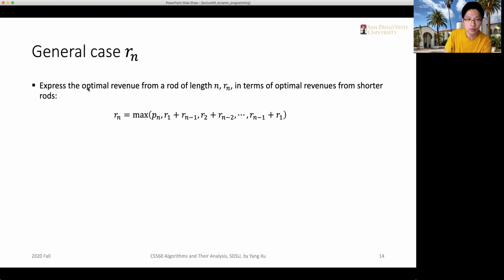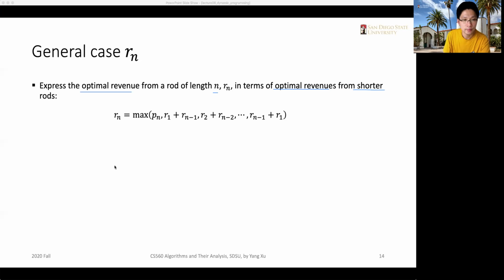So the optimal revenue for n can be defined by the optimal revenues from shorter rods, and we need to choose the maximum from a bunch of possible combinations.